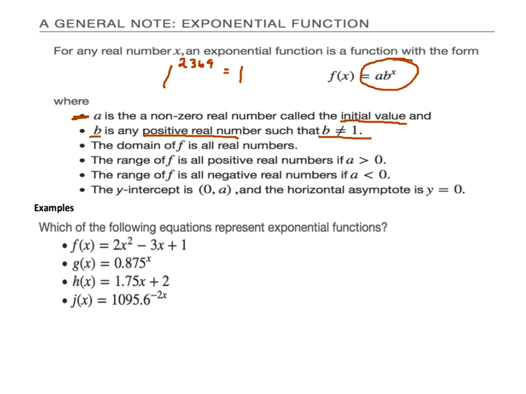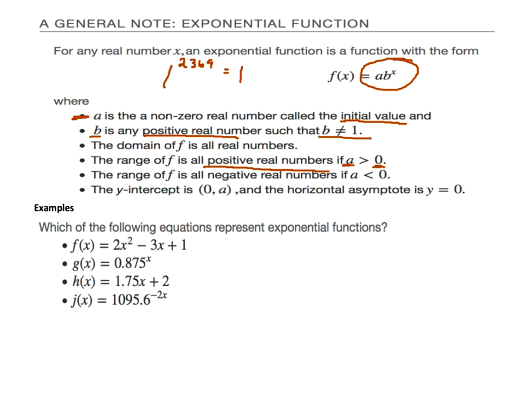So the domain is all real numbers. We've already talked about the range. The range is all positive real numbers if a is greater than 0. So if your initial value is greater than 0, then your range is all positive real numbers.